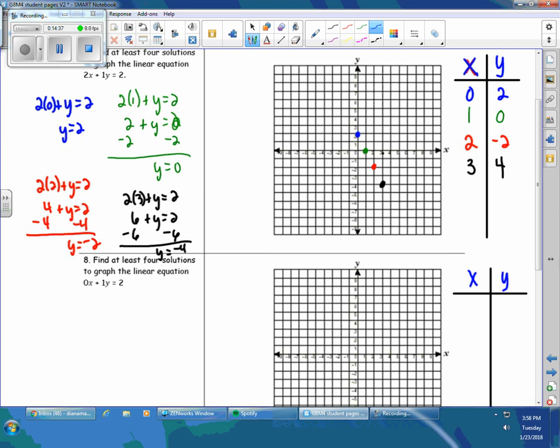I'm going to fix x because that has the non-1 coefficient. So 0 times 0, so that's going to be 2. And then I'm going to set x equal to 1.